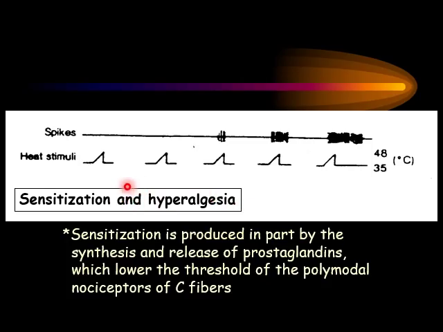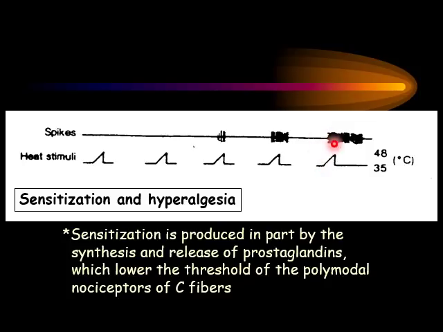The phenomenon of sensitization and hyperalgesia is demonstrated here, and that is if you heat tissue up, initially you might see no response of a nociceptor for a period of time. If you do that repetitively, separated by a few minutes, you might find over time that now the nociceptor starts to respond, and as you continue to stimulate, separated by time, you find stronger and stronger responses.